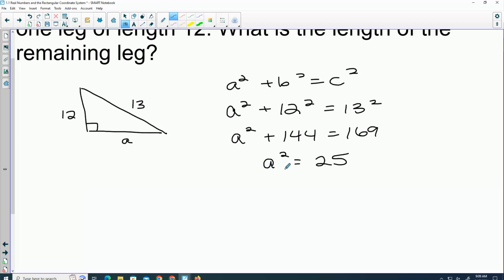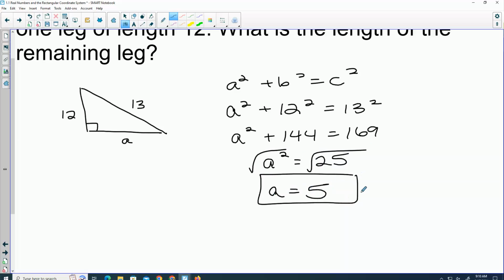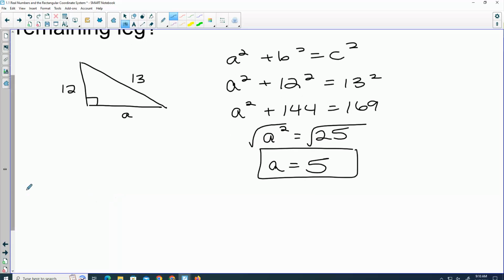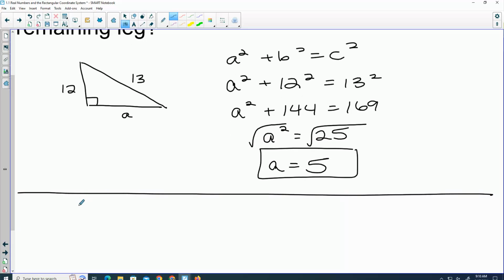No, because it's the length of the side, so it's got to be the positive. So my missing side is 5. Does it matter which one you call A or not? No, not at all. A and B can be either.